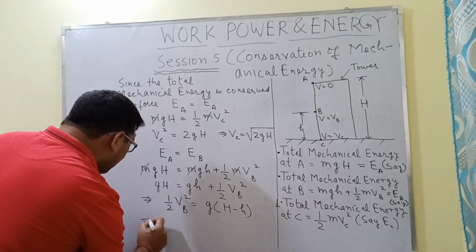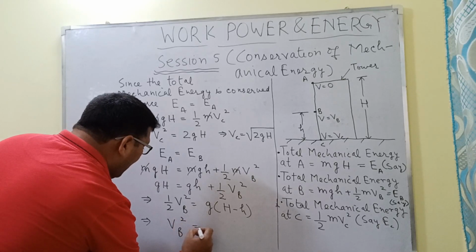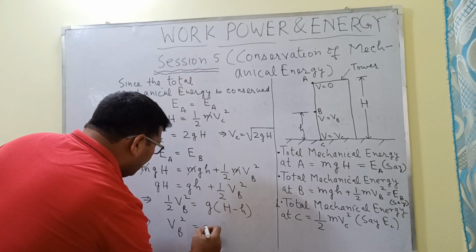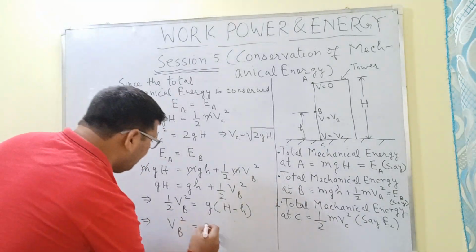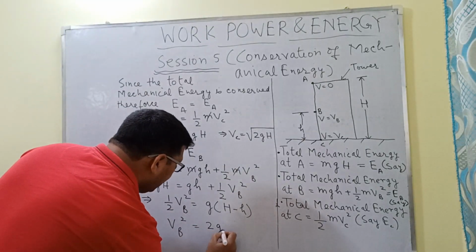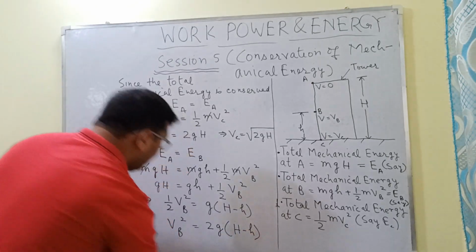Or we can say that it implies that vb, that is the velocity of the ball at the point B, will be given by vb square equal to 2g(H minus h).